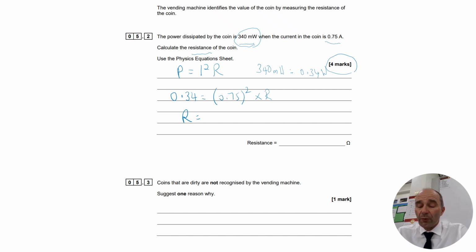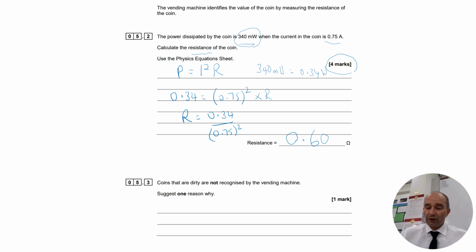We need to divide by the 0.75 squared, both sides. So you end up with 0.34 divided by 0.75 squared. Put those numbers into your calculator and you're going to get a resistance of 0.6 ohms. Nice 4 marks. And the important thing there is to be able to find the equations quickly.